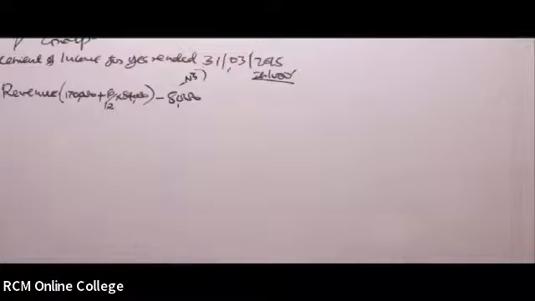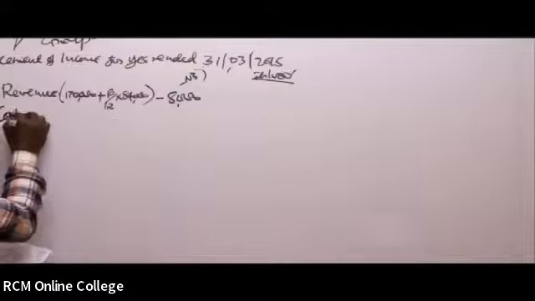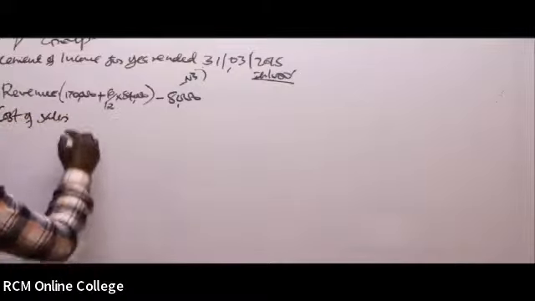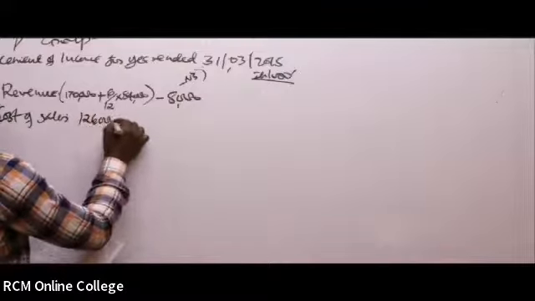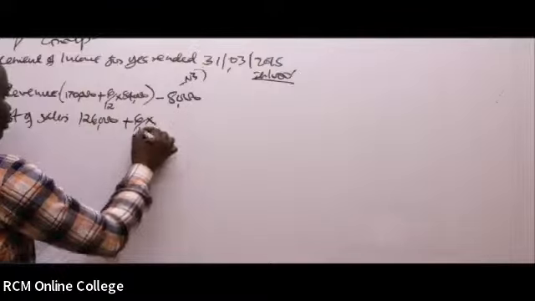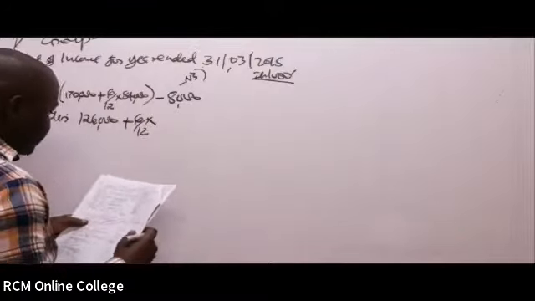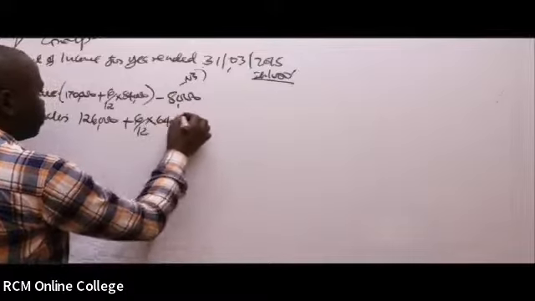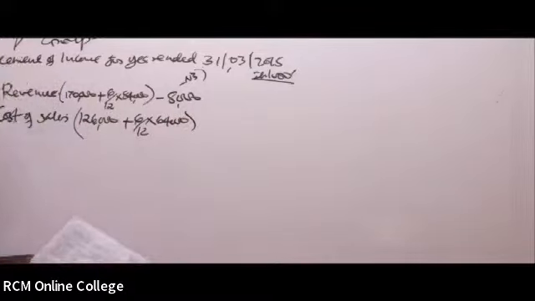So when you do the computation, how much do you get for the revenue? You have the cost of sales. The cost of sales in this case is 126 million for the holding company plus 6 out of 12, because the subsidiary existed for 6 months, multiplied by 64 million. What figure do you get?